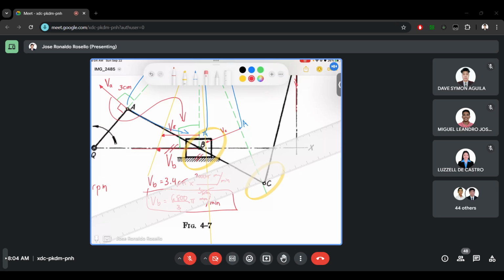So if this vector of A is perpendicular, then the vector of C should also be perpendicular.